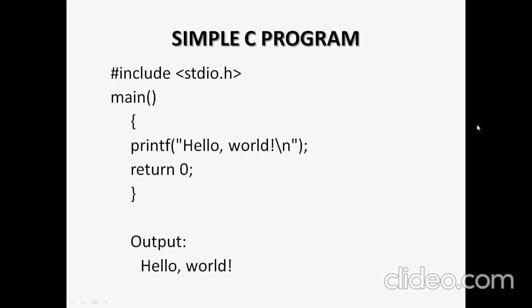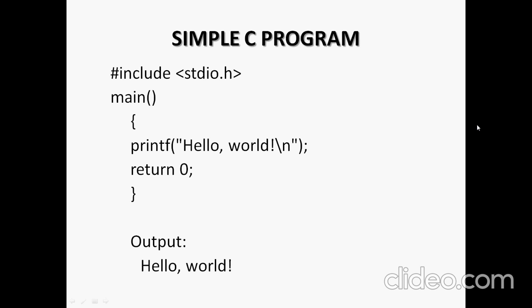Now this is a sample C program, so you can understand this simple C program. This #include <stdio.h> is the header file. Main is the main function section, with an opening curly brace and closing curly brace.